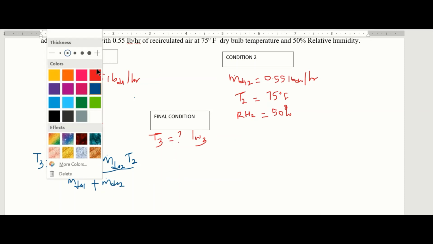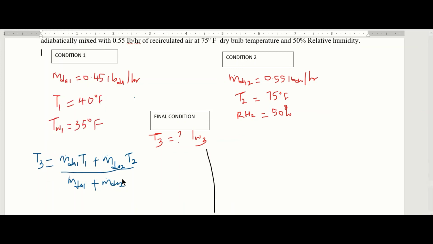Also, for the wet bulb temperature, we can use a similar formula.